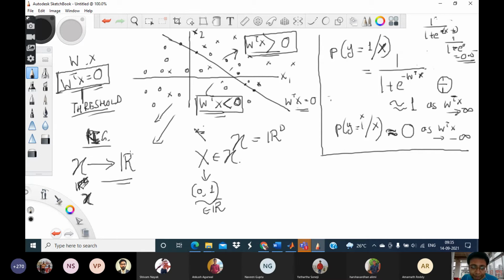But not any real number. It's a real number between 0 and 1, in fact, both sides included. So in a sense, what I have done here is a specialized form of regression. Instead of regressing onto the entire real space, I am regressing only onto the space [0, 1].